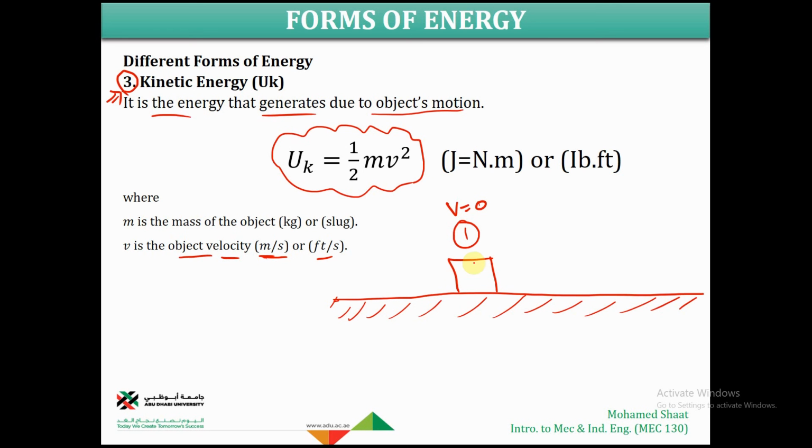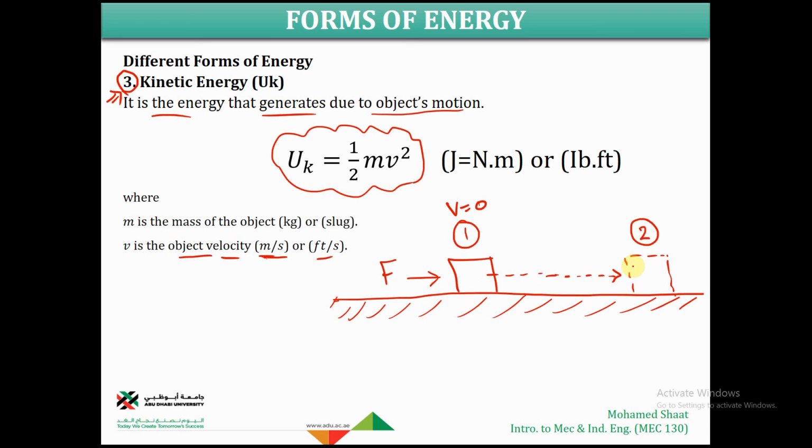Make sense? So assume that the object now is stationary, not moving at position 1, and for some reason we're going to apply a force on it. So this force is going to keep on pushing this object for a certain distance. If you multiply the force times the distance, assume that this is the distance and this is the new position of the box.